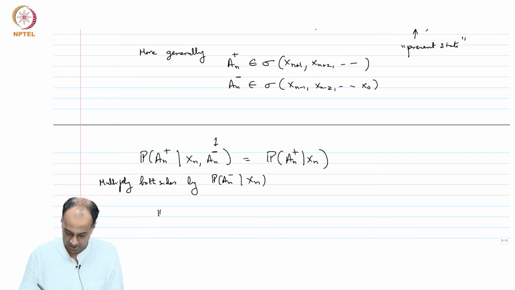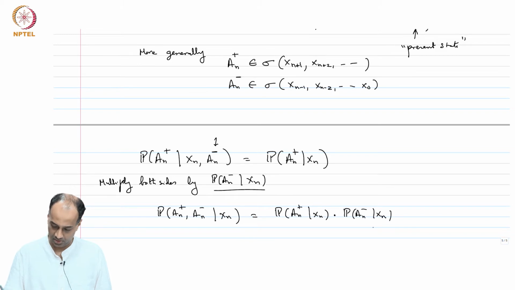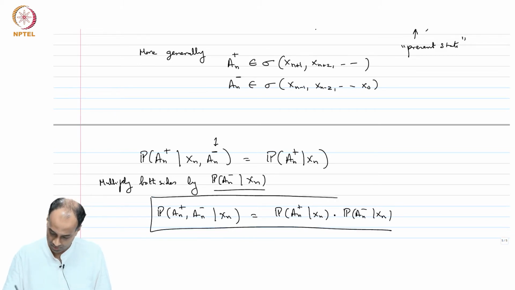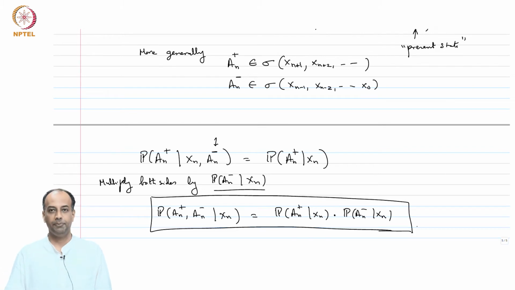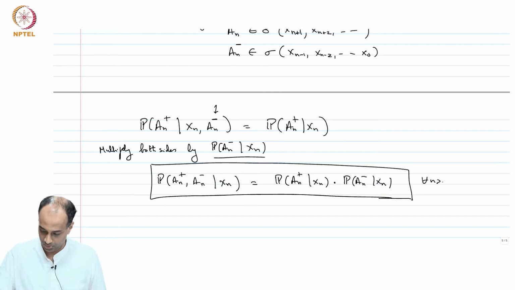You will get P of A_n^+ comma A_n^- given X_n on the left-hand side, and P of A_n^+ given X_n times P of A_n^- given X_n on the right. This is true for all n greater than or equal to 1. This is in some sense the most intuitive way to understand what a Markov chain really is.